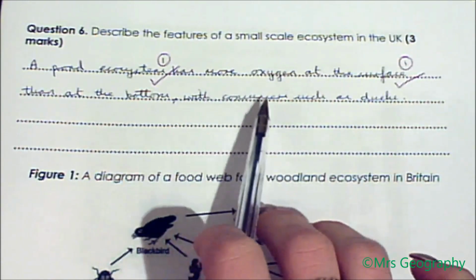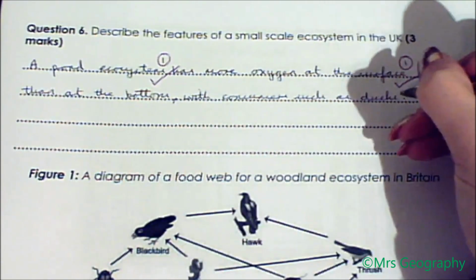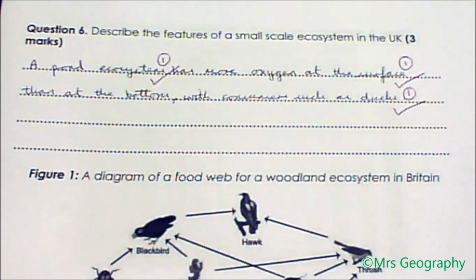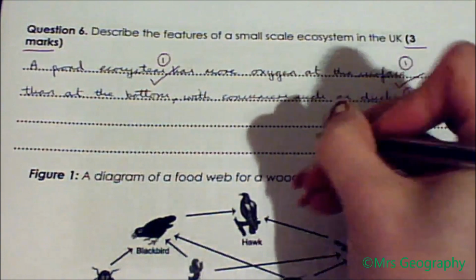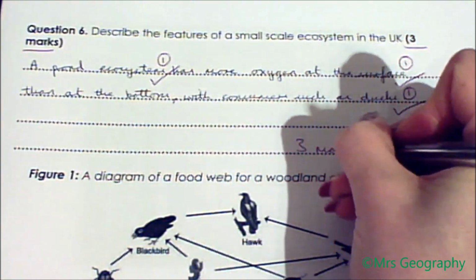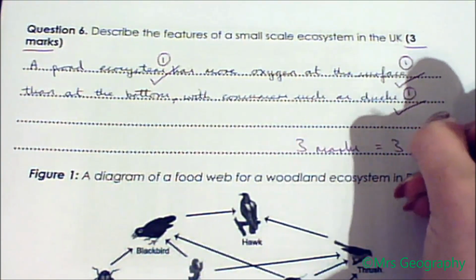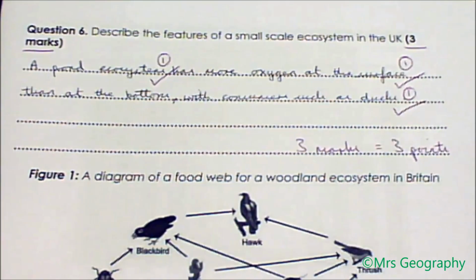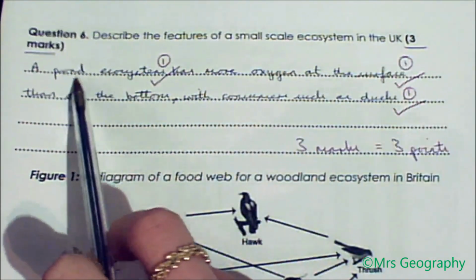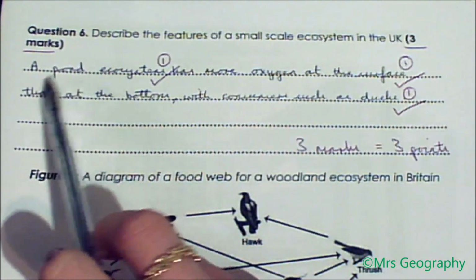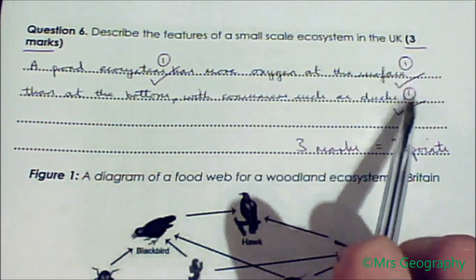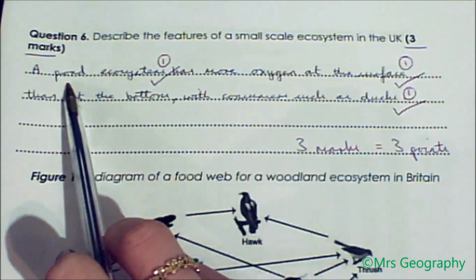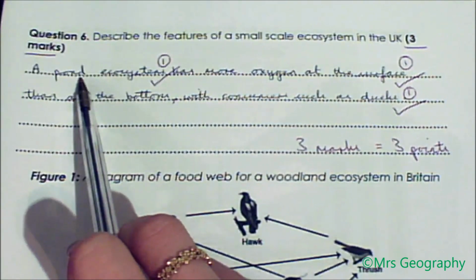And they've named a consumer such as ducks. That would be another mark. Remember, 3 marks, 3 points. If they did not mention a pond ecosystem and they just said an ecosystem, they would only get 2 marks. So you must be specific with your ecosystem.